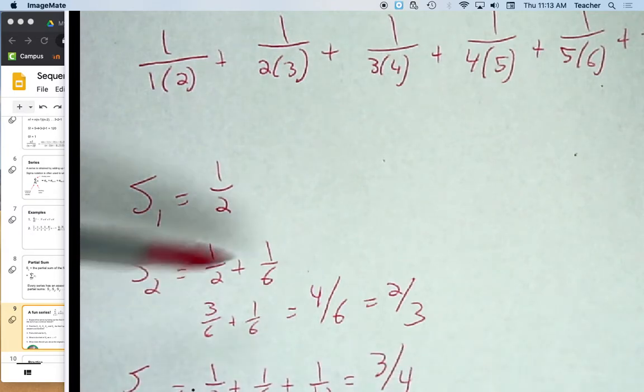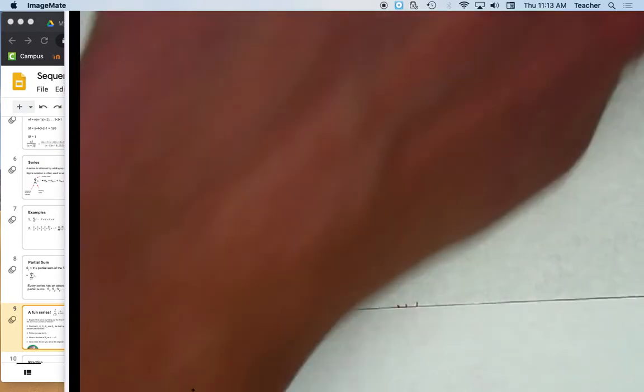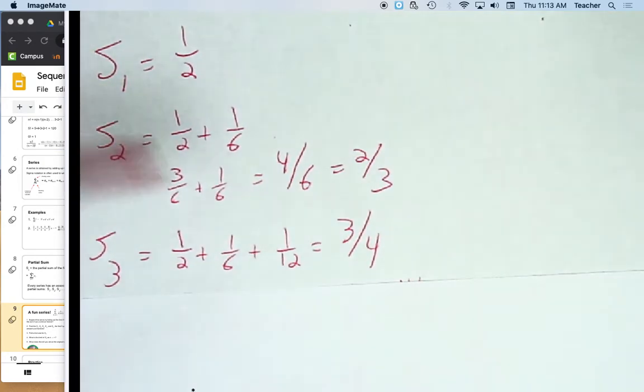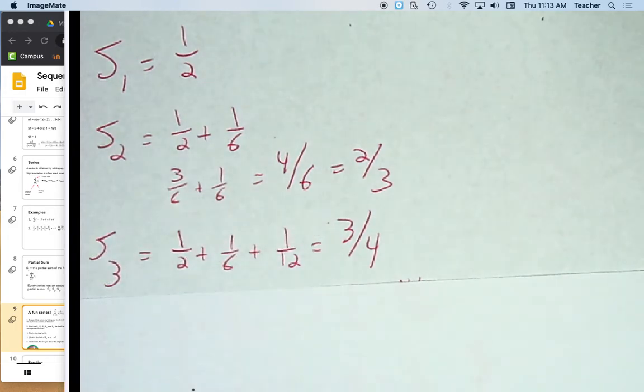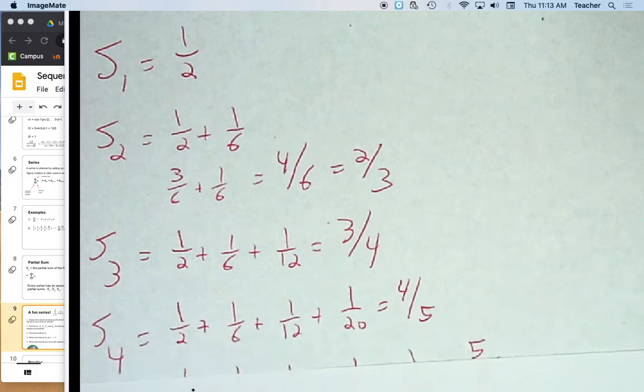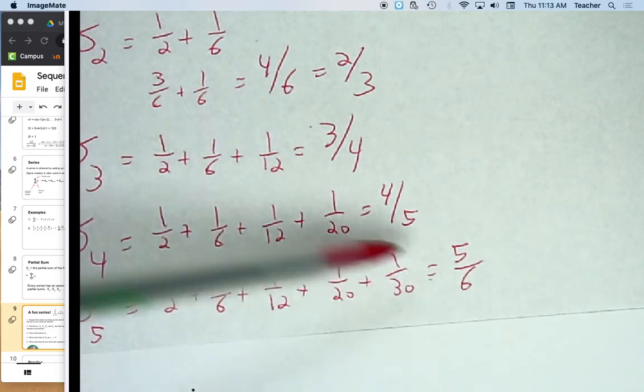S sub 3 is the 2/3 I had before, then add the next term, which is 1/12. And so S sub 3 is 3/4. Then S sub 4 is what I had before plus the next term, and when I do all the math and reduce the fraction, I get 4/5. And then one more, 5/6.